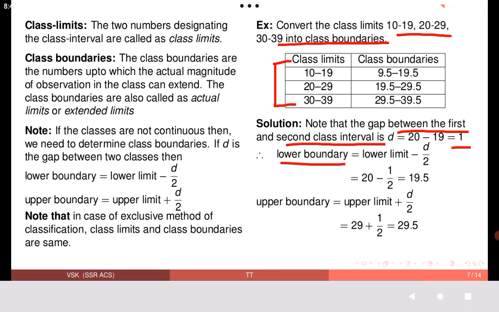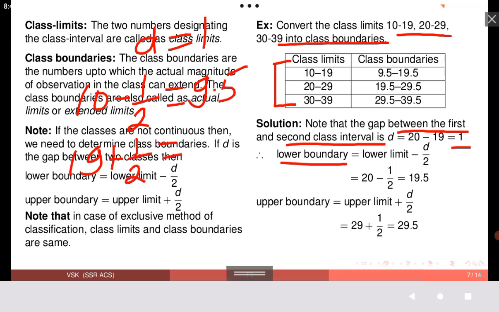So what will be the lower boundary? Lower boundary will be 10 minus D by 2. D is equal to 1. So 10 minus 1 by 2, that is 9.5. And the upper boundary will be 19 plus 1 by 2, that is 19 plus 0.5, so it will become 19.5.